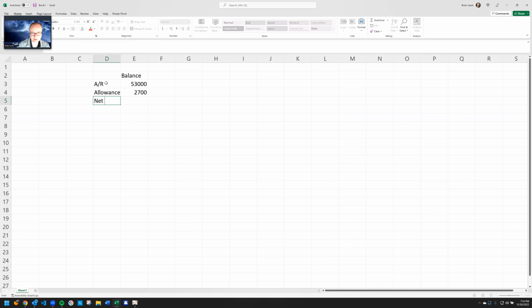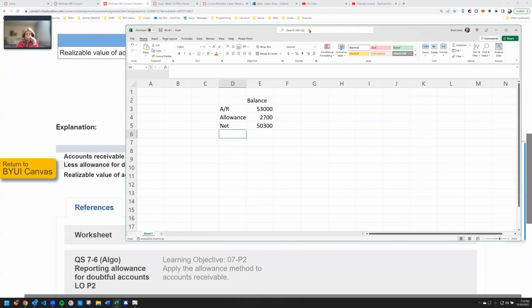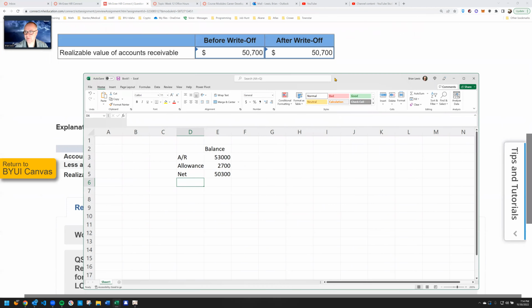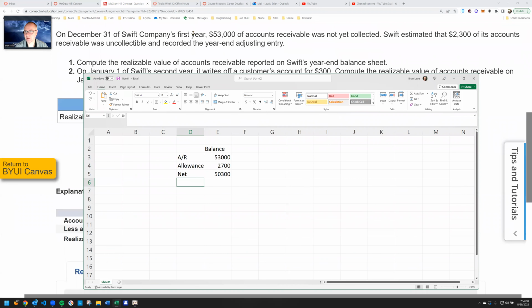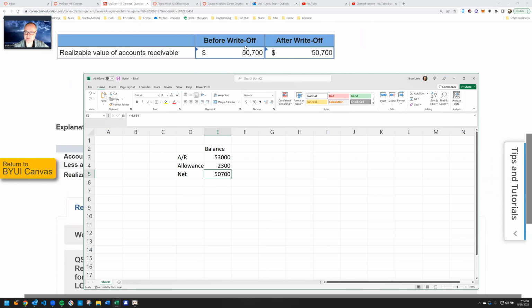So your net value is the difference between these two. That was the first, right before the write-off. Yeah, before the write-off. So let me just make sure. Why do I have a different number? It's because 53 minus 2,300. So yeah, well, the 53, okay. So these are the two values you're starting out with, right? 53 in AR plus 2,300 in allowances. So your net number is 50,700, which is consistent with this number, right?